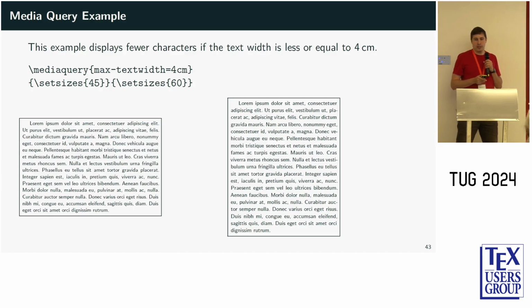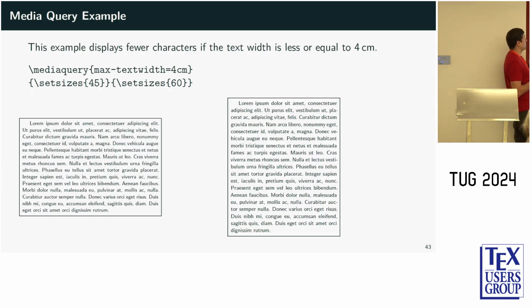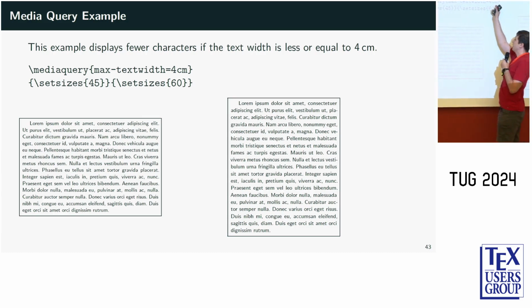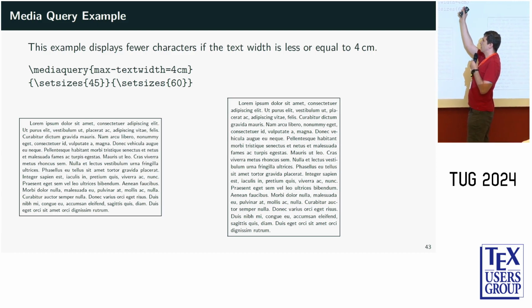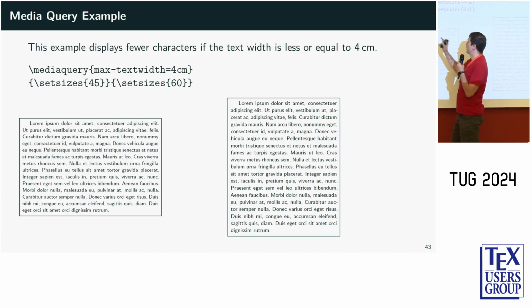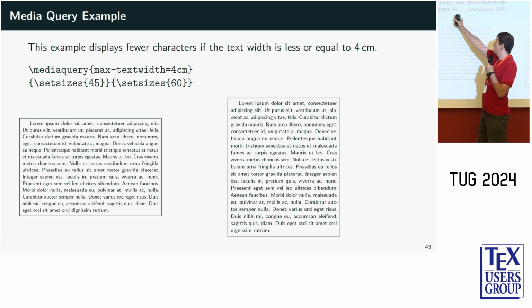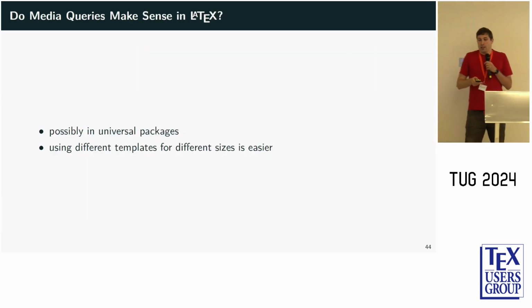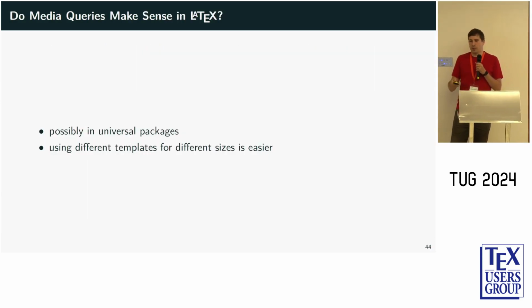So you can have this media query command. We test the text width. So if it's 4 centimeters wide or smaller, it will use 45 characters. Otherwise, it will use 60 characters on the line. So it can be used in your packages.